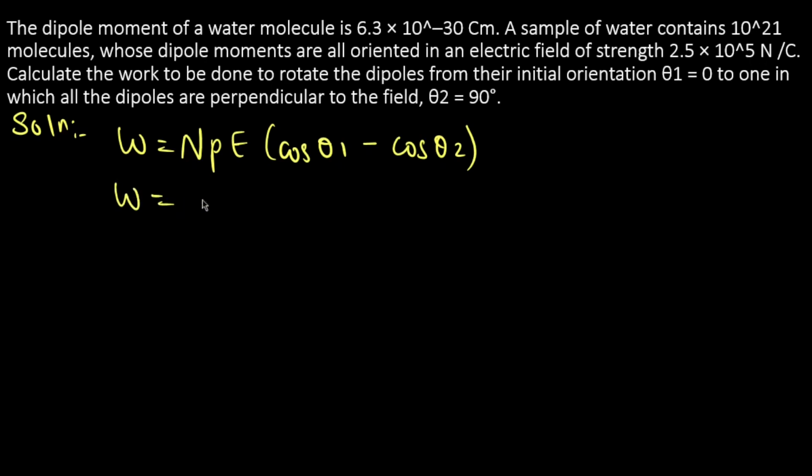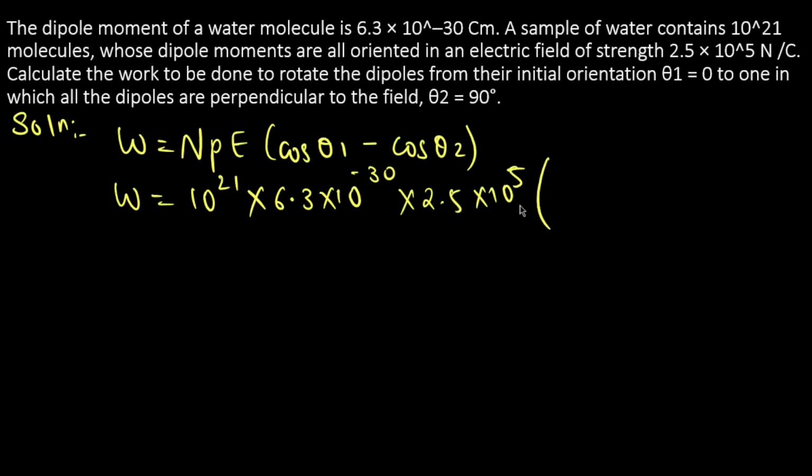So the work done will be 10 raised to 21 into the dipole moment, which is 6.3 into 10 raised to minus 30 coulomb meter, into the electric field strength, which is 2.5 into 10 raised to 5, into cos of theta 1. Theta 1 is 0 degree, so cos of 0 degree minus cos of theta 2, that is cos of 90 degree.